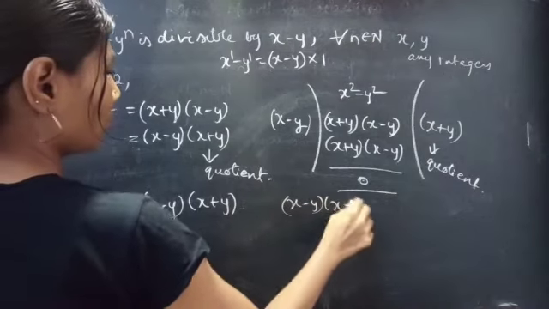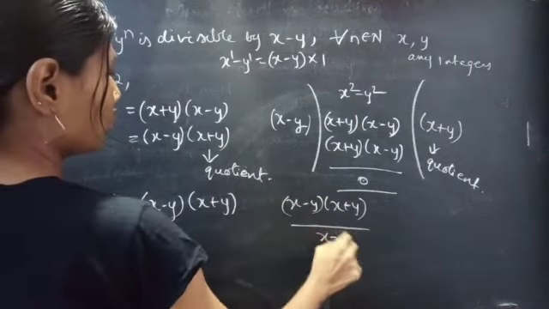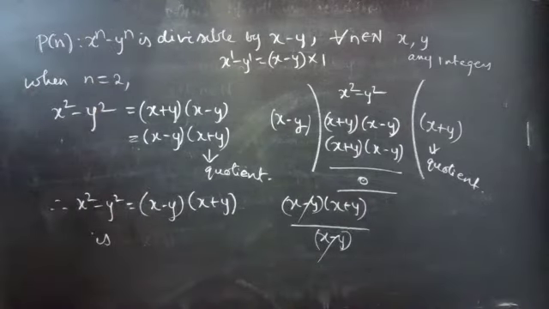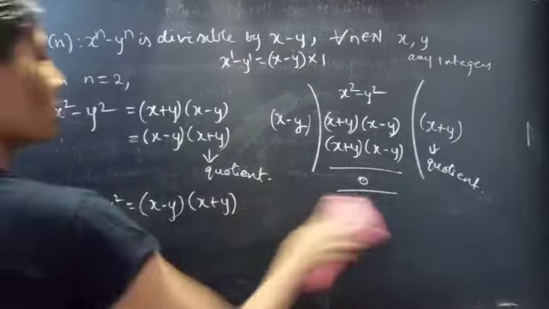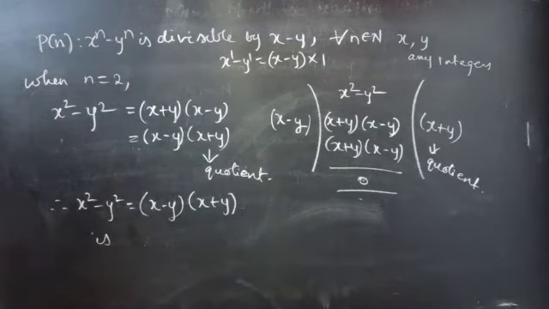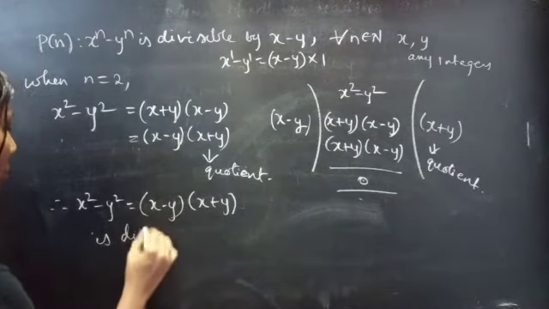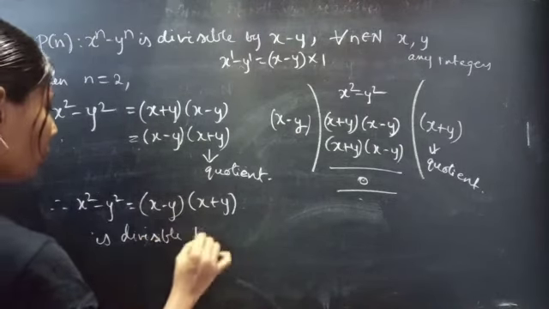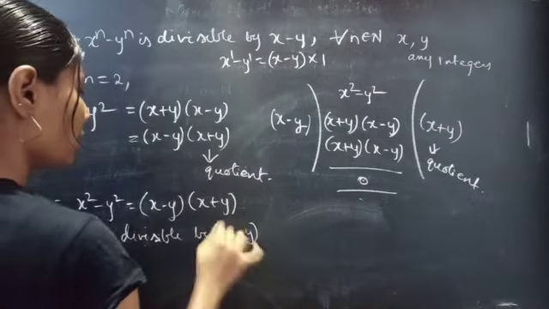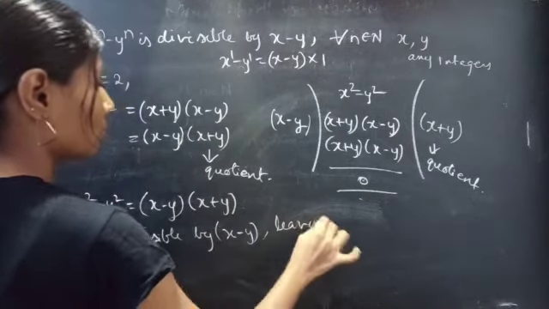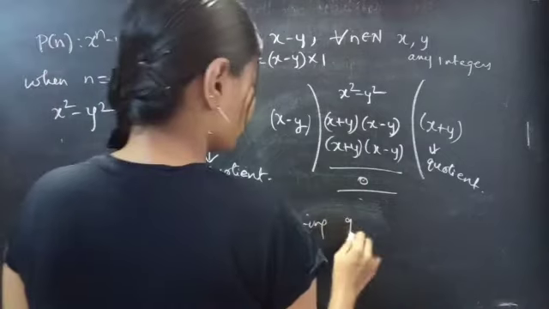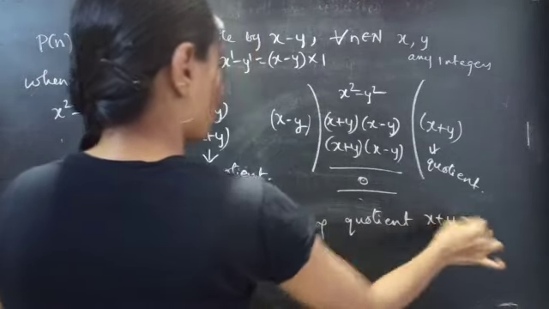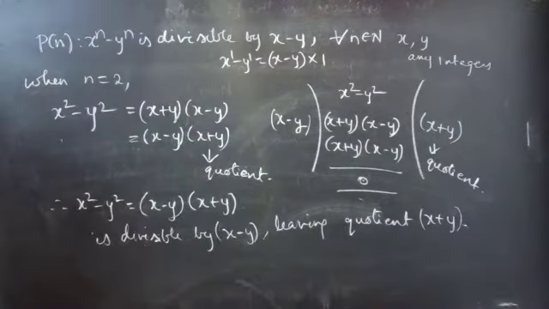Where x plus y is a quotient. That means x square minus y square is divisible by x minus y, leaving quotient x plus y.